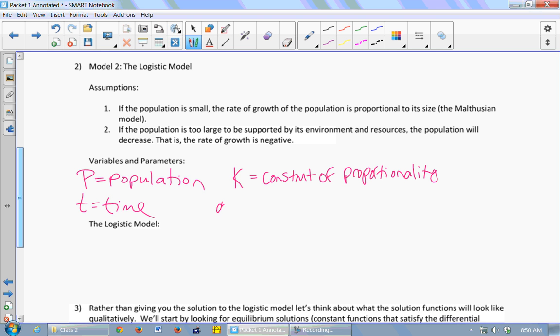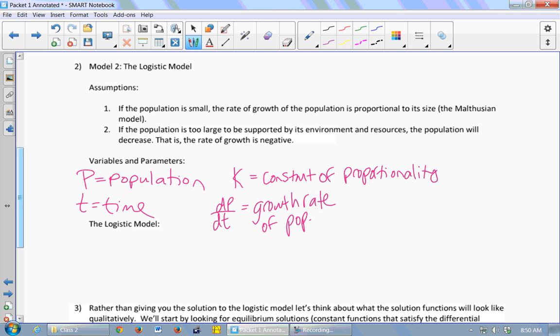And then dP/dt represented the rate of change of the population. You can use whatever notation you want for derivative. Okay, so that covers all of assumption 1.